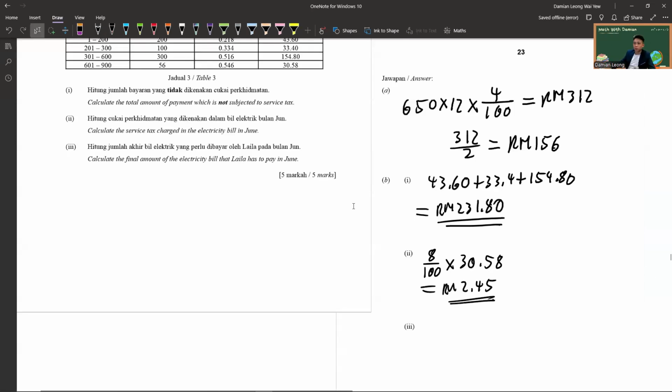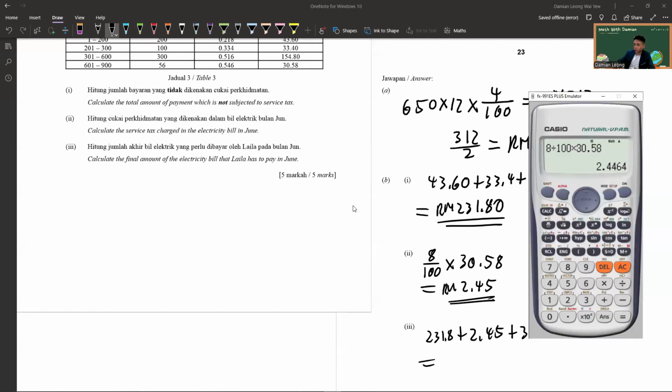Then the final amount of electricity is the 231.8 plus 2 ringgit 45 cents plus 30 ringgit 58 cents. 2.45 plus 30.58.